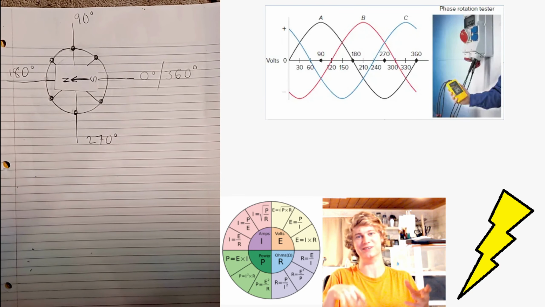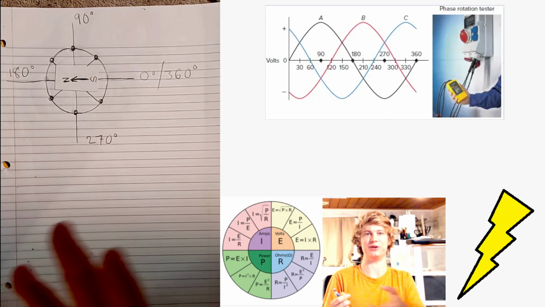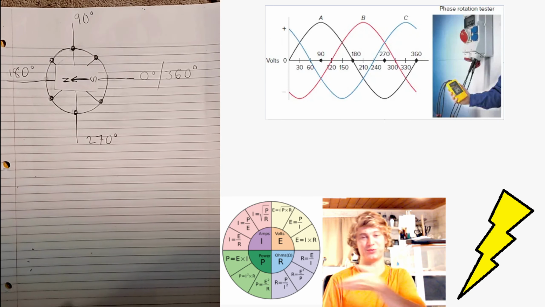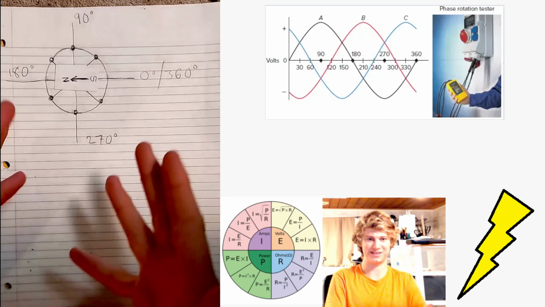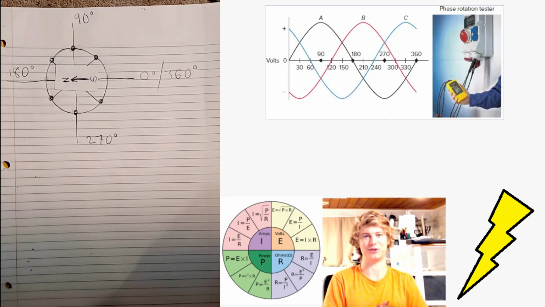And this has to do with the 120 electrical degrees apart. So that's why the numbers may seem a little weird when you're representing everything through 360 degrees and you're trying to think about it like this, but now we can comprehend this a little more.